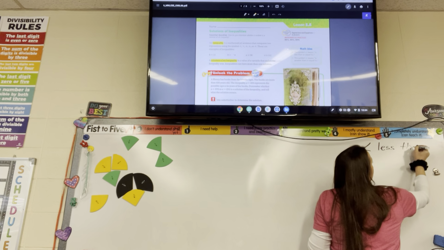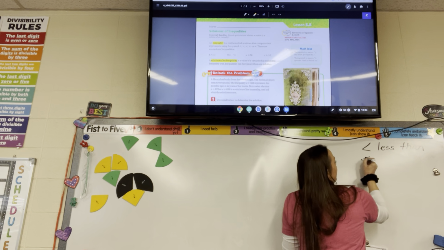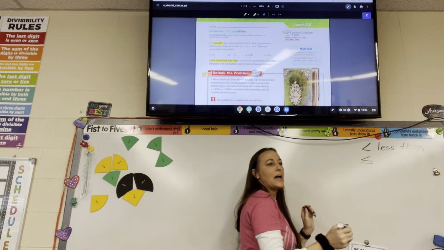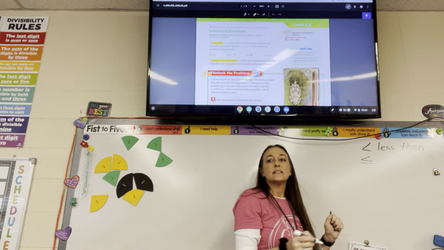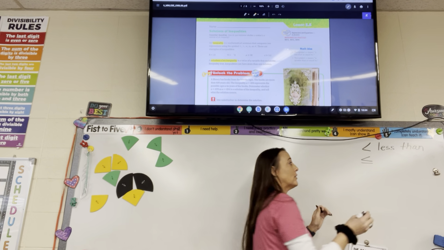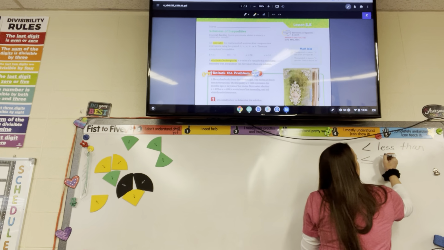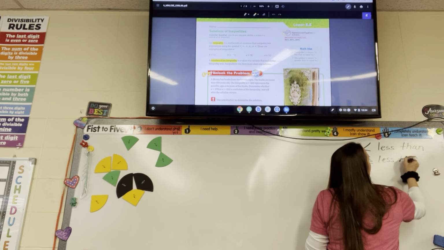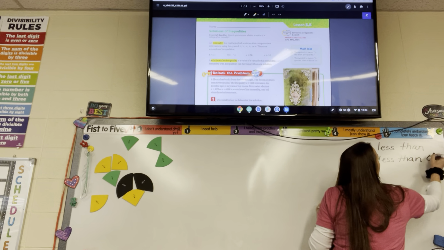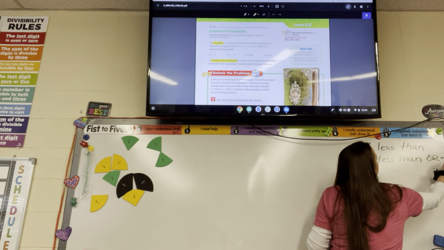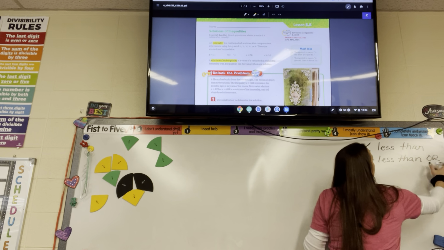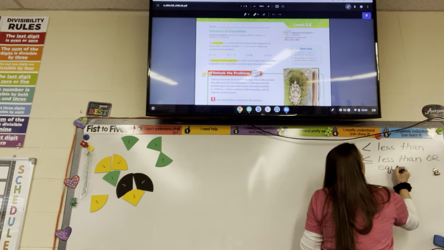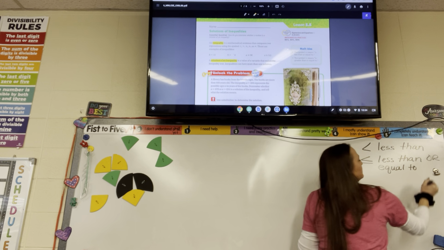And then if we add a part of an equal sign underneath that, it means less than or equal to, not and, or. So less than or equal to.